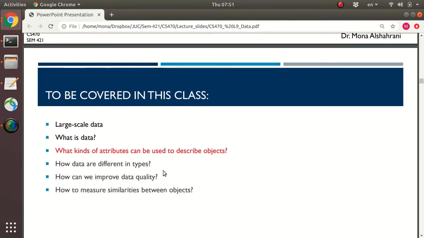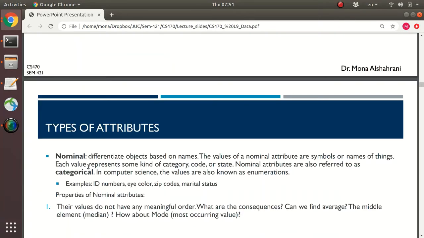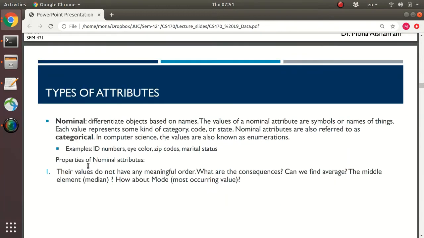So what kinds of attributes can be used to describe objects? We have several types of attributes. We have nominal attributes. In nominal attributes, we differentiate objects based on names. So the values of a nominal attribute are symbols or names of things.